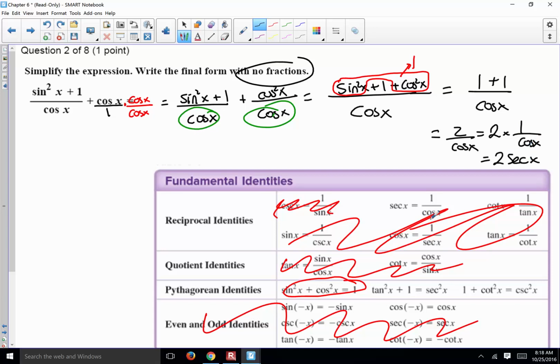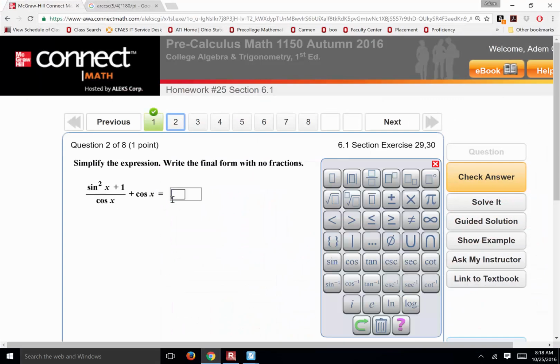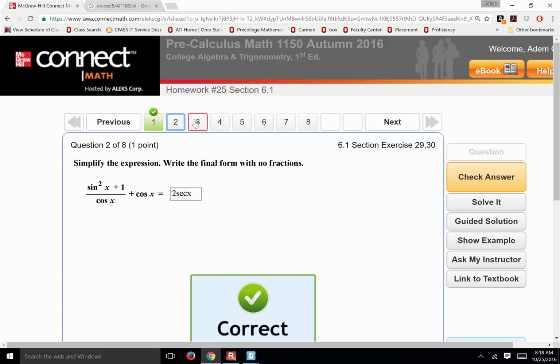That's 2 secant x. Alright, you're done. Good.